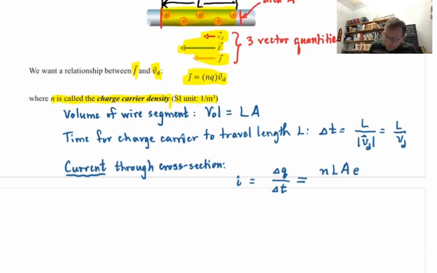Okay? So that's my rather straightforward expression for the current through the left cross-section.